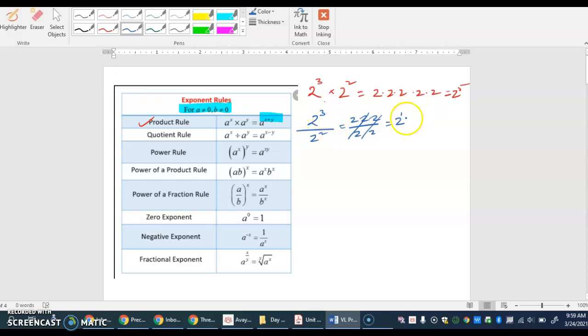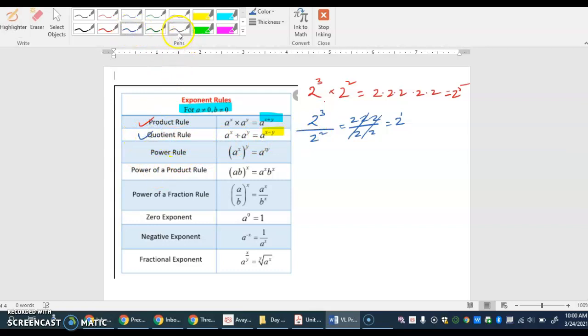So if you actually see, 1 is a difference of 3 and 2. 3 minus 2 is a 1, and that's why we have here x minus y, right? We are subtracting the exponents. Sometimes x is more, sometimes y is more, right? Even if y is more, you will get 2 to the negative 1, for example. So that's called the quotient rule.